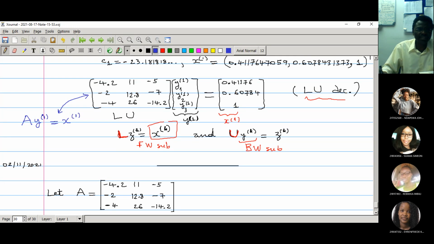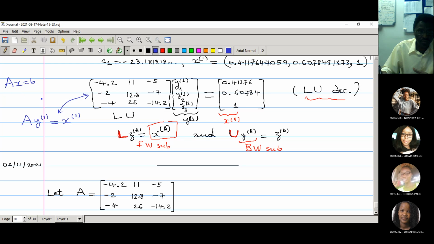So this is like your X and this is like your B, right? It's as if you are writing AX equal to B. So you see that you have to be very cautious with this notation, because that's what we have from our algorithm.